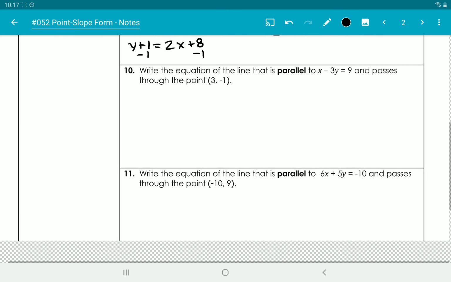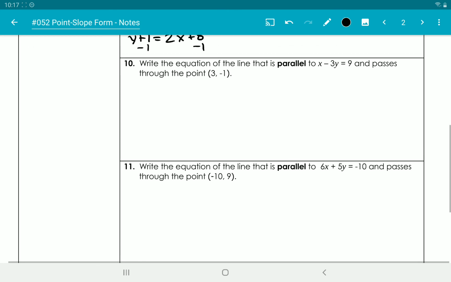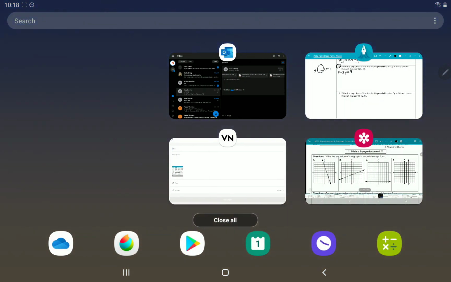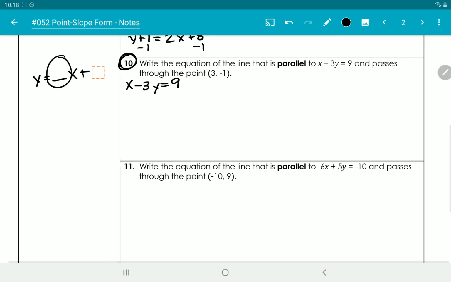Okay, so I am going to ask you to now pause the video and try number 10 on your own. Now that you've done that, we first have to look and see what slope we need. We have x minus 3y equals 9, but since it's not in the form y equals something times x plus something, we need to figure out what that slope is.